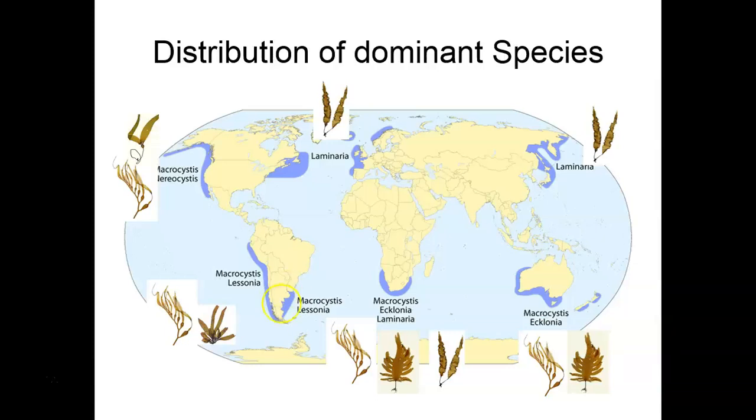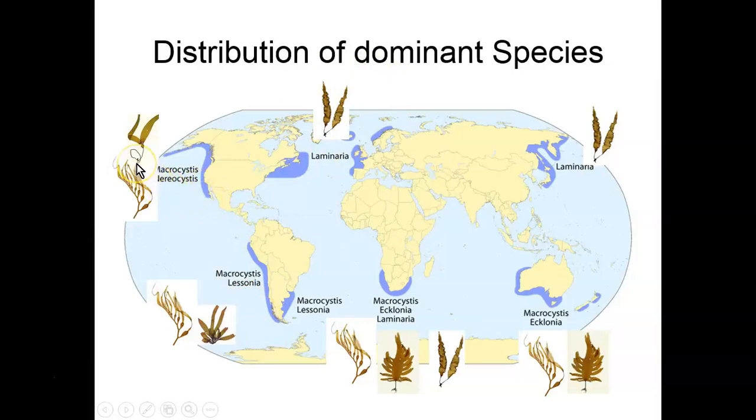Okay. Now, kelp forests usually are made up of lots of different species, but there is one species that is the major forest creator. Okay, so I have some images put on this map along with the names of the major species of kelp that makes the kelp forest in different places.